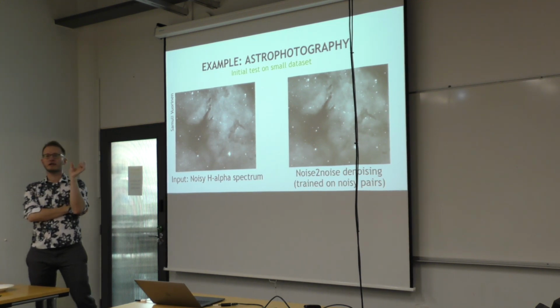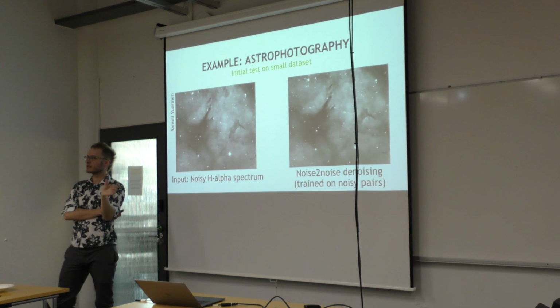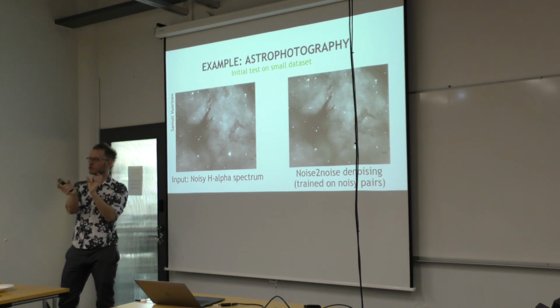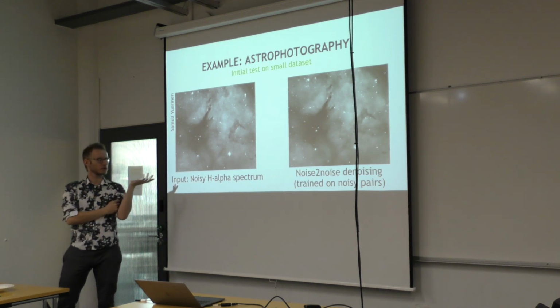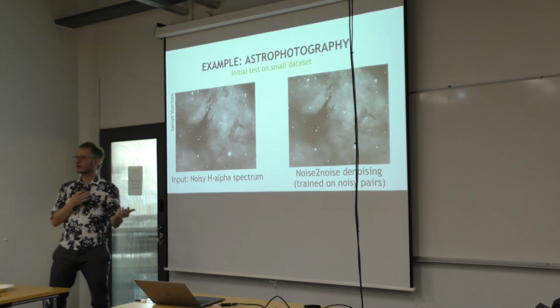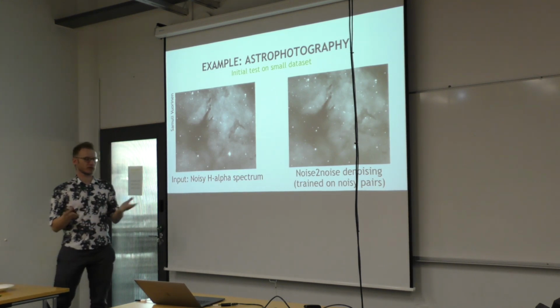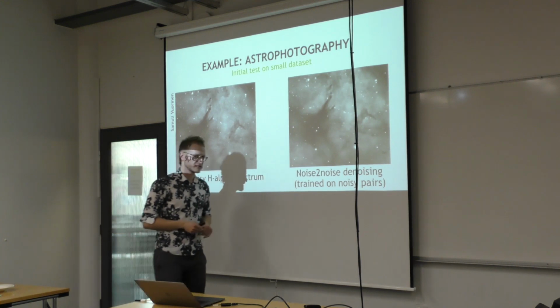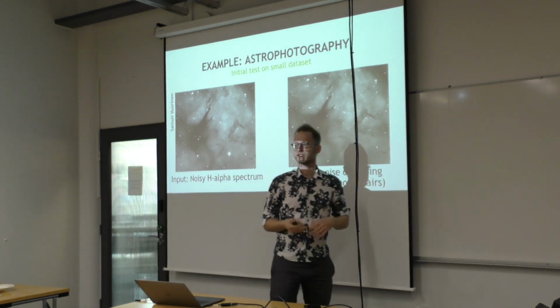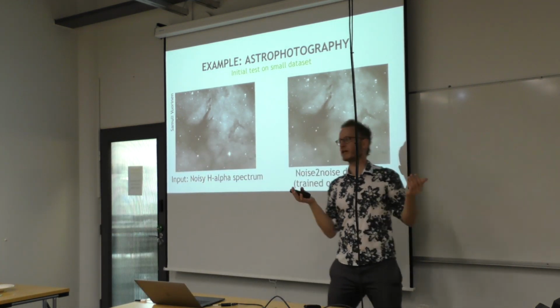We need two different realizations of the same underlying clean thing so that we have different corruptions on them. So for photos, we need two different photos that have a different noise pattern. And as it turns out, this is something that astrophotography is doing all the time anyway.